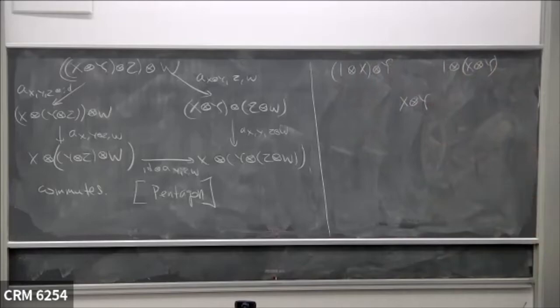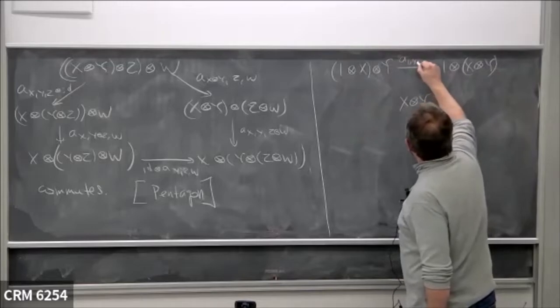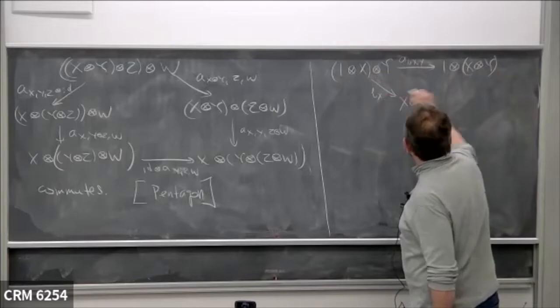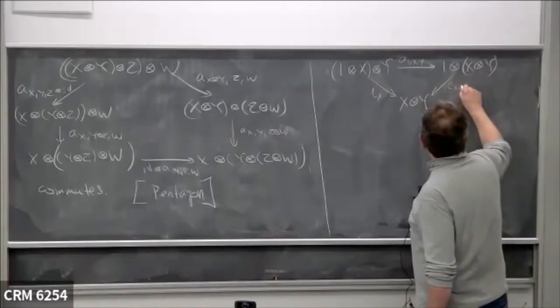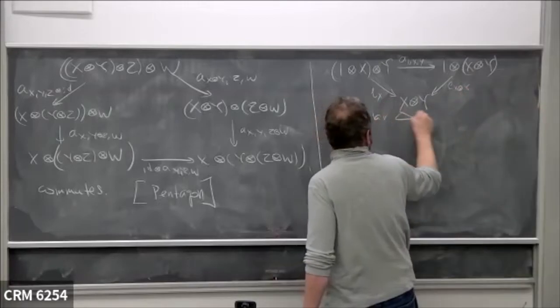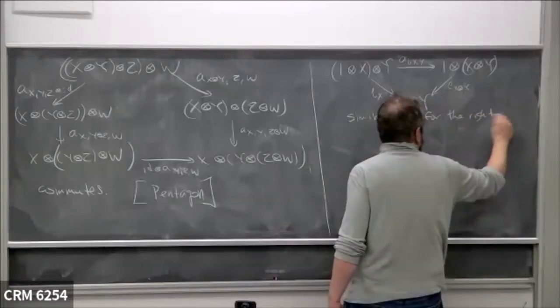We require that these two different ways actually coincide. So here we use associativity, A_{1,X,Y}. Here we use what? Left constraint of X. Here we use left constraint for X tensor Y. There is a similar diagram for the right constraint. A triangle for the right constraint.